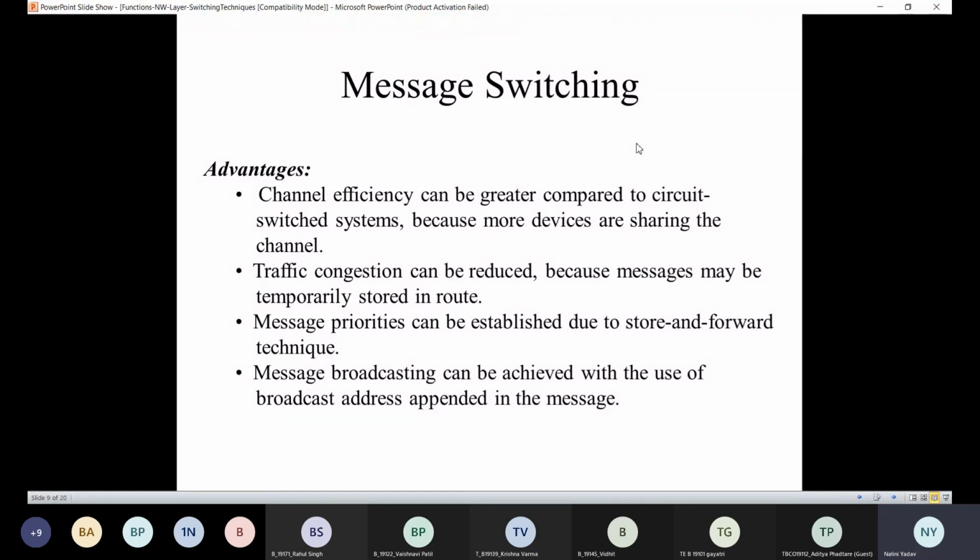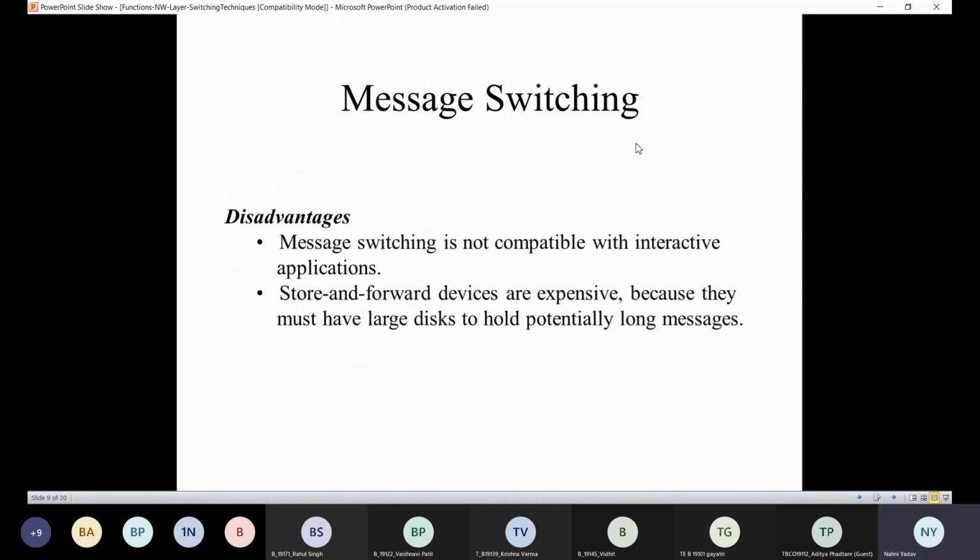Whichever message has higher priority will be forwarded, and if a message has low priority, it can be stored as it is. Broadcasting is also achieved very easily with this technique, because we can apply the broadcasting in the message itself, right? So these are a few advantages of the message switching technique.